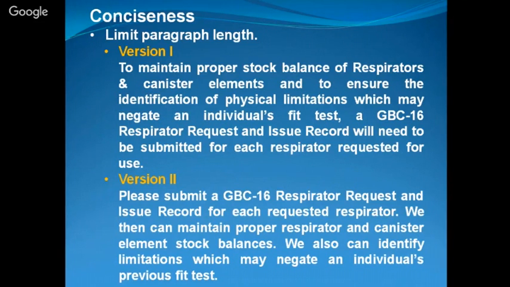We also can identify limitations which may negate an individual's previous fit test. So one long sentence is broken down into 3 sentences. Now these 3 sentences are very simple and you can easily understand what is asked or what is contained in the paragraph.